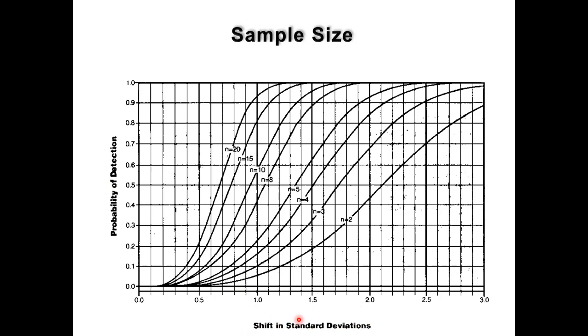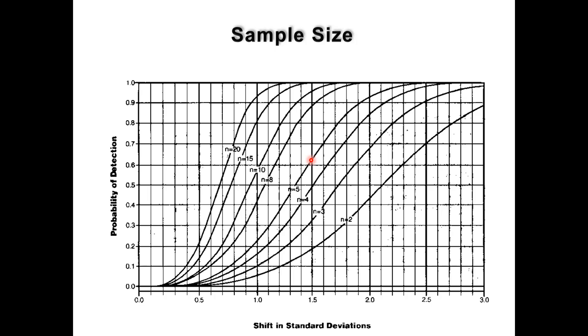If your process shift is larger, say for example 1.5 standard deviations, you can afford to have a smaller sample size, say for example 5.